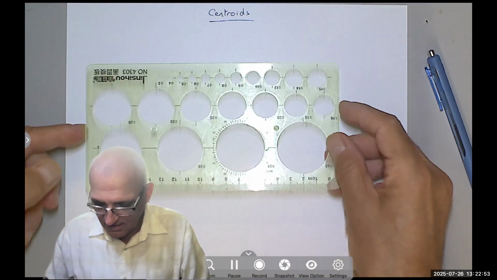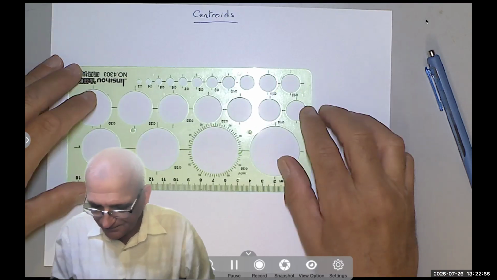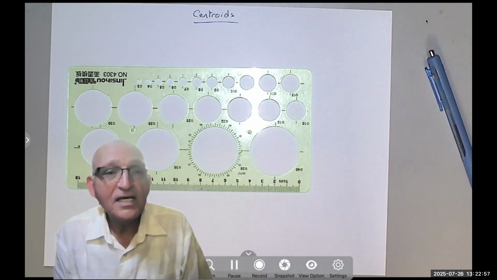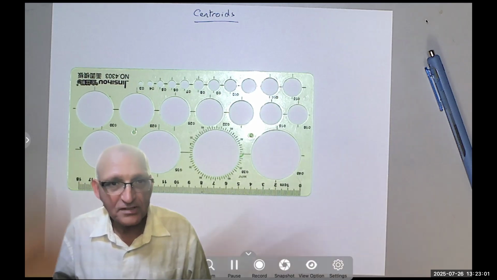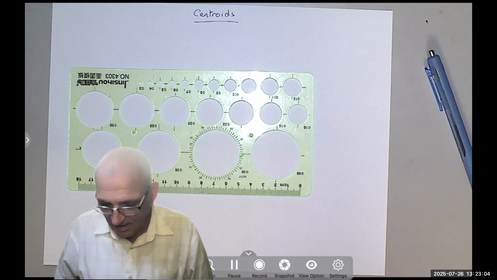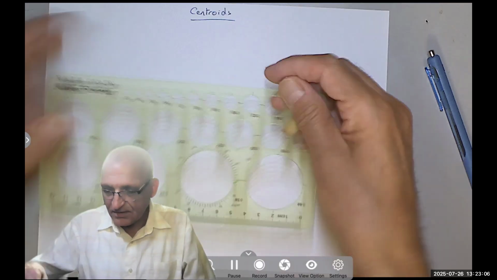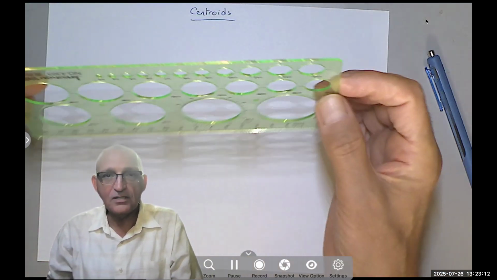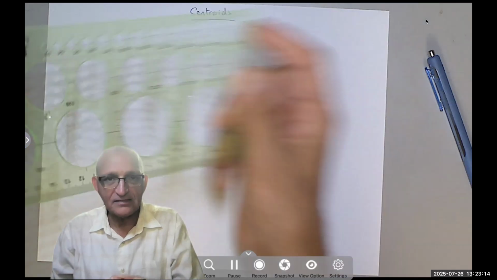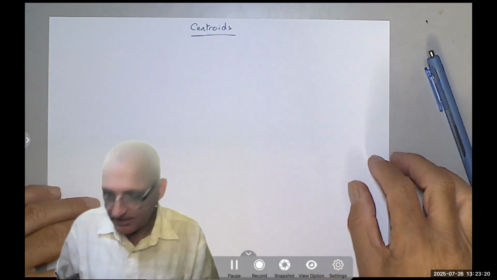And I have this ruler or that palette, and I would say find a point on this thing that when I hang it by a rope, it would stay horizontal. It won't turn like that or turn like that. It stays horizontal. So where is that point? This point is called the centroid.